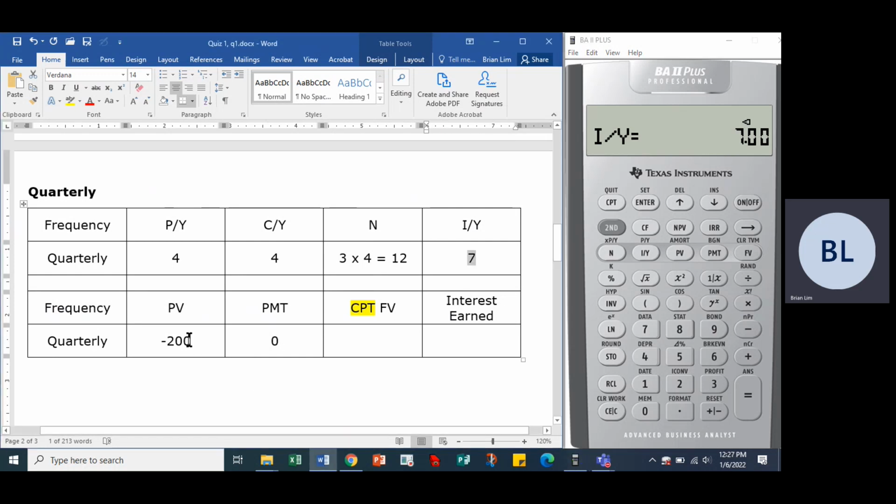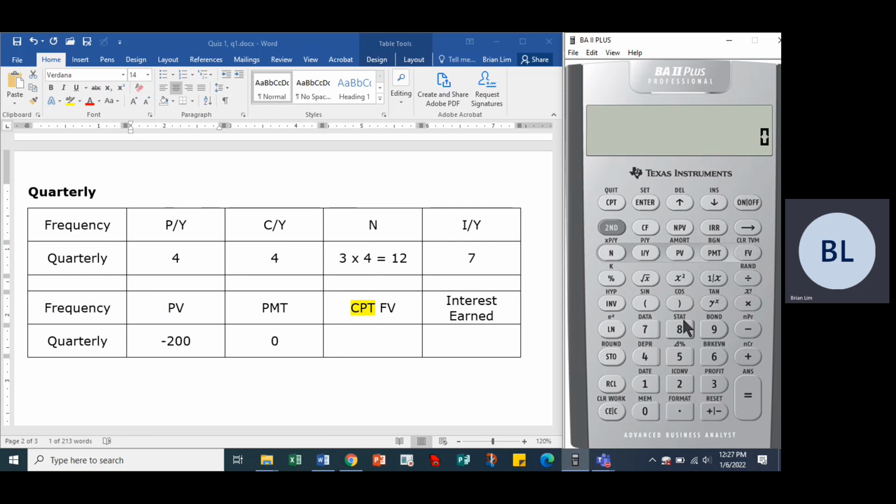Okay, the present value, if we put in negative 200, how do we do it? Well, we put 200, we click on the plus minus, and then we press the present value. And there it is, present value is negative 200. All right, you can say negative that we are no longer in possession of the $200. It's been put into the bank or wherever to increase in value because it does have an interest rate of 7%.